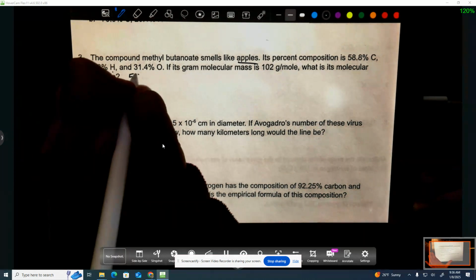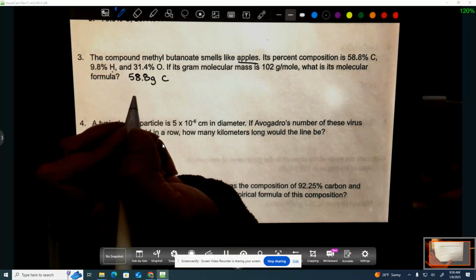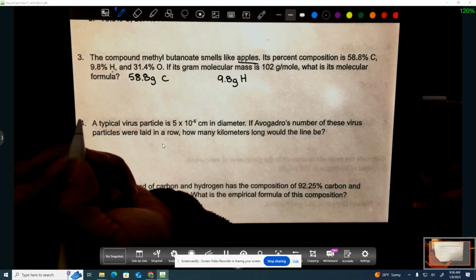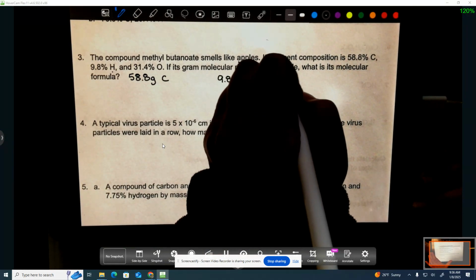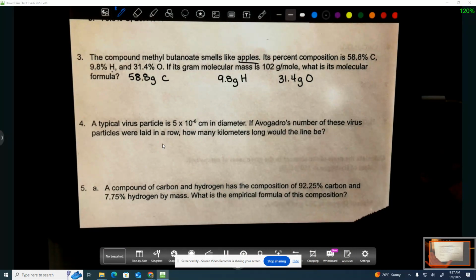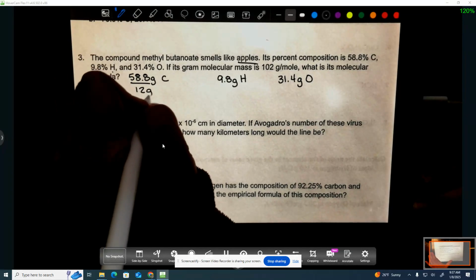So let's take the 58.8, change it to grams of carbon, 9.8 grams of hydrogen, and 31.4 grams of oxygen. We're going to change them to moles by doing what? Divide by the gram formula mass.